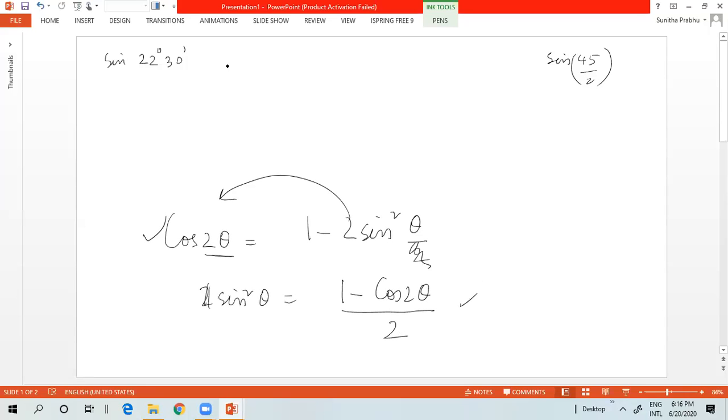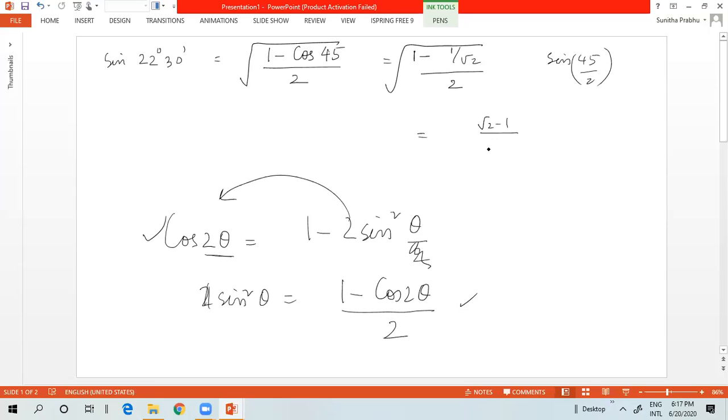So I will write this as 1 minus cos of twice theta, where theta is 45 divided by 2. So 1 minus cos 45. No prizes for guessing. And one more thing, this is sine square. I want only sine. That means root. Are we good, guys?